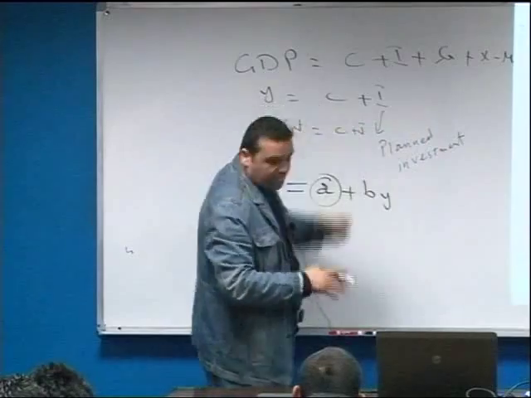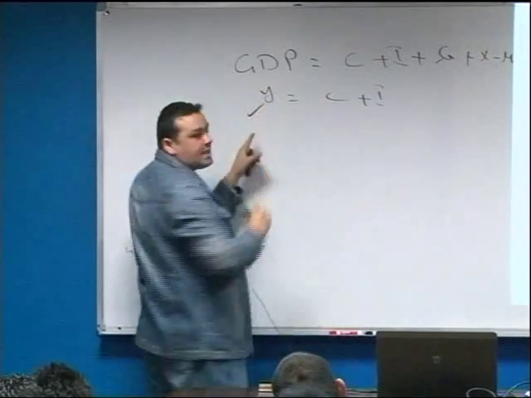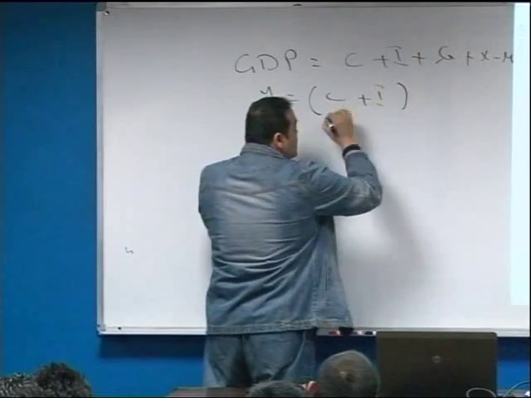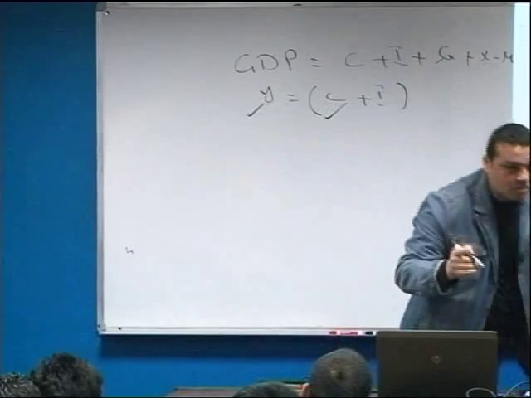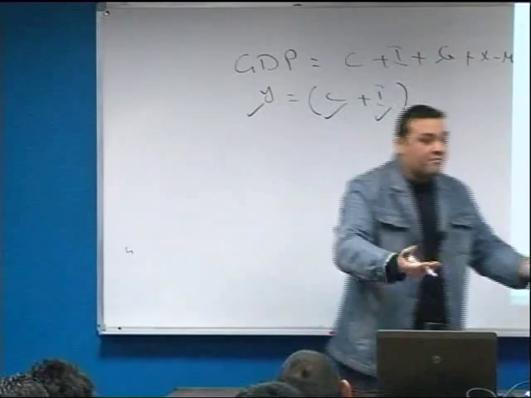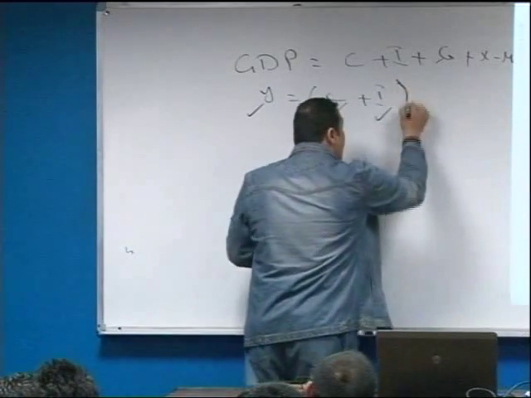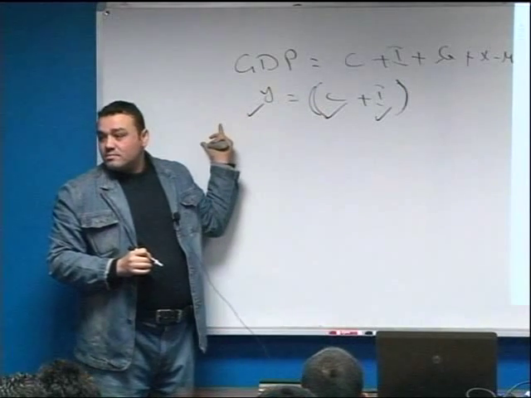Let's come back to this formula to explain something. As you see, Y is the aggregate output. C plus I: C is the aggregate demand of the households, and I is the planned investment, or the demand for investment for the business sector. So this is the aggregate demand, and this is the aggregate supply.